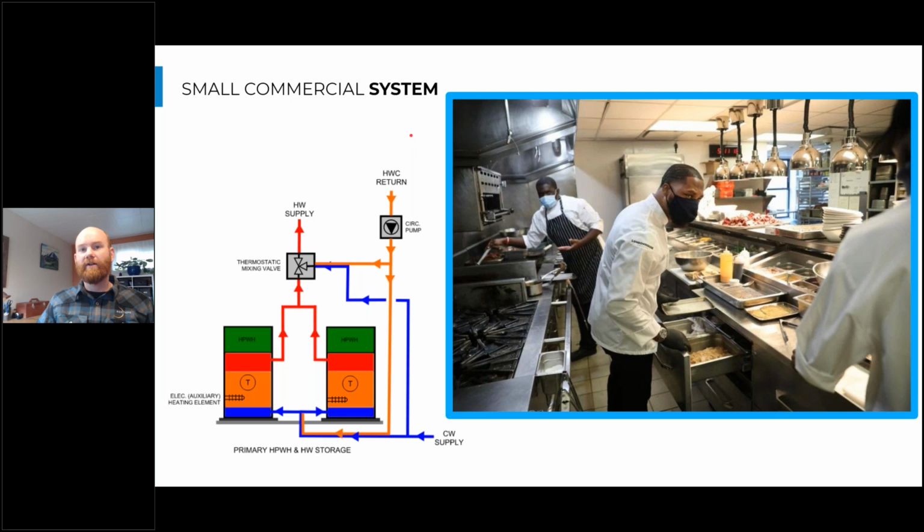These integrated package units are fantastic for this type of application, whether it's a restaurant kitchen, a Costco kitchen environment, or a grocery store. Those typically all have a cooling load, and we can basically do double duty with our heat pump to address some of that load to keep these folks in the kitchen a little bit cooler and still provide really efficient water heating to the project.